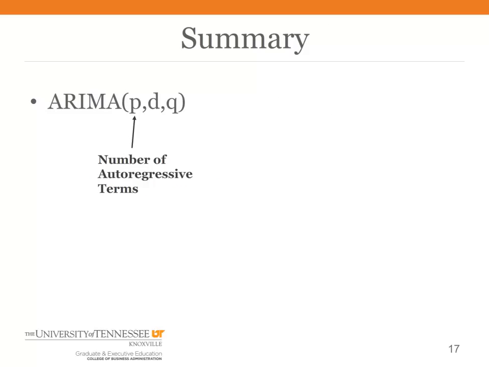Okay, so you're learning to speak a foreign language, so we'll have to repeat ourselves a few times to make sure it soaks in. So first of all, we describe an ARIMA model as an ARIMA PDQ model, and the P, or the first term in that triplet, represents the number of autoregressive terms that the model has.